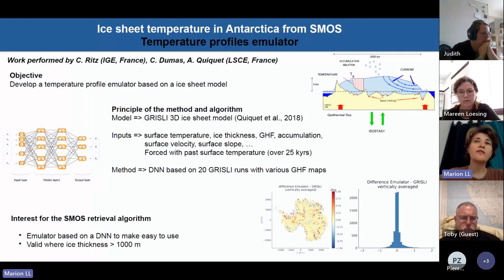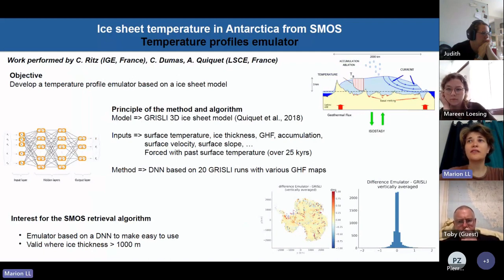It is forced with past surface temperature over 25,000 years. The emulator is based on 20 runs from Grizzly with various geothermal flux maps. This work is led by Catherine Rich, who is with us today.